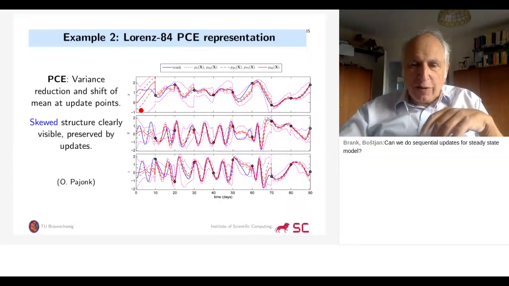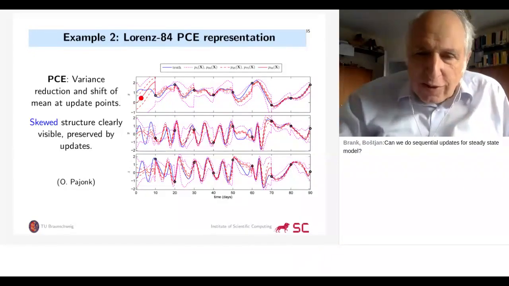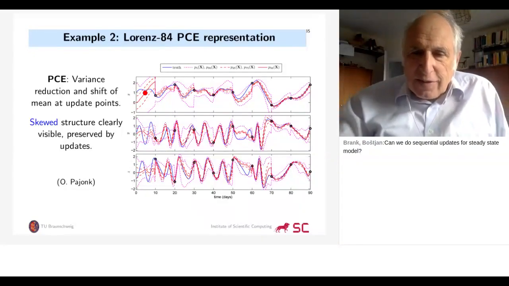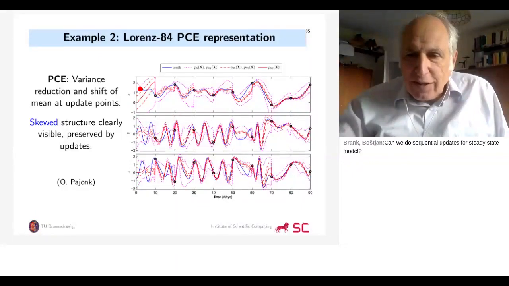So this gives you the prior probability distribution. The thick line is the mean. These are the 25% quantiles, so there's 50% in between here, and these are the 95% quantiles. Okay. And here's a measurement, and you see how the distribution, the variance shrinks, becomes much narrower.